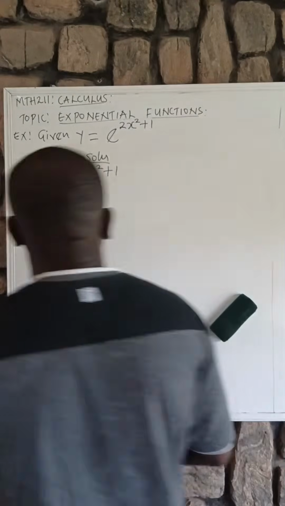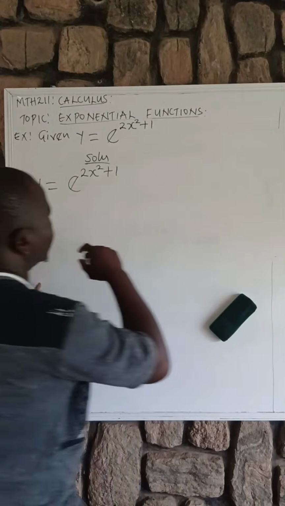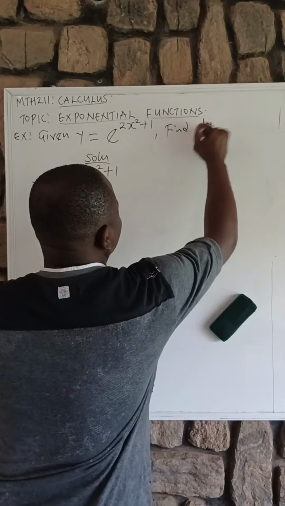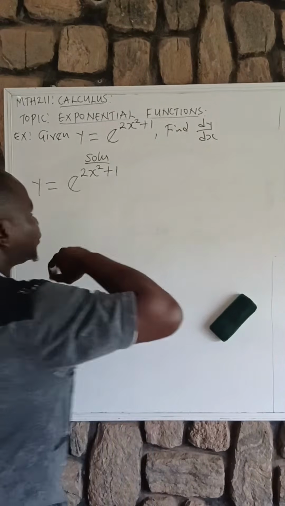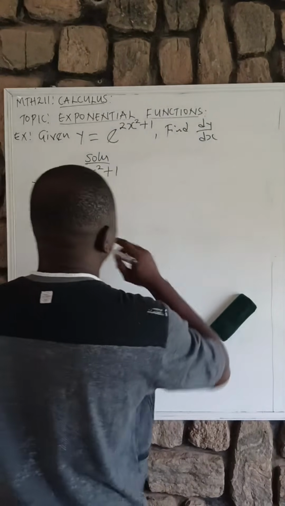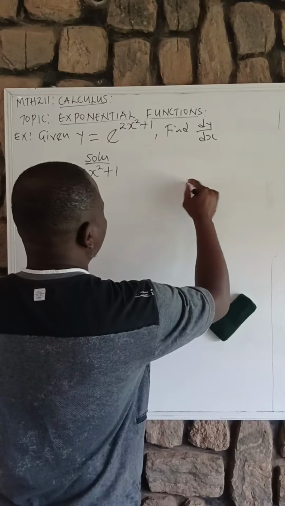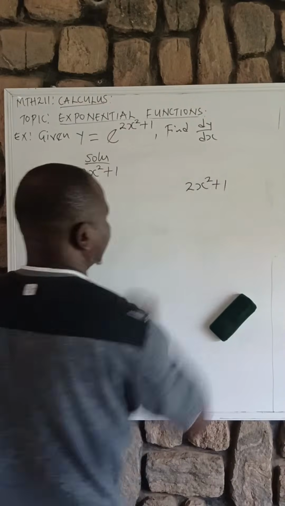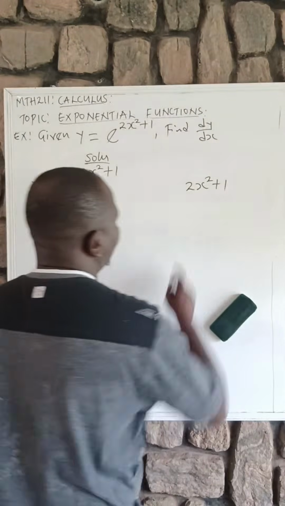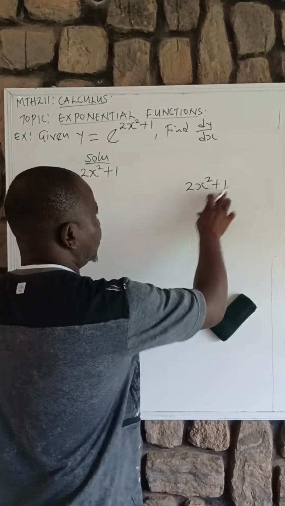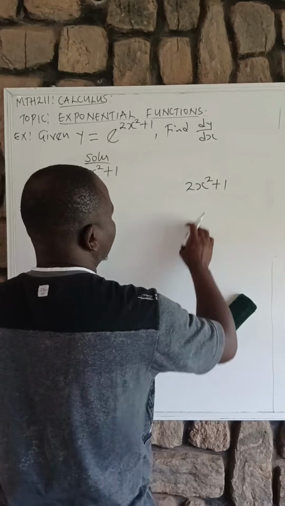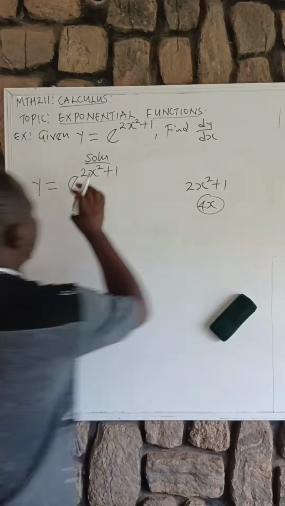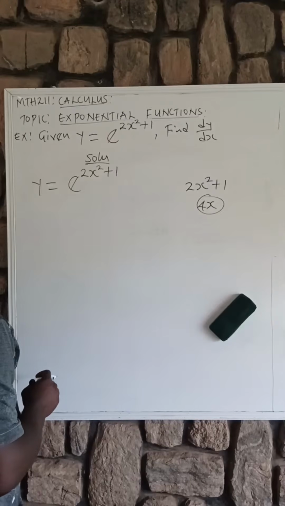So it means, I did not write dy over dx. Within, you write down 2x squared plus 1, right? So when we differentiate, the 1 is 0. We differentiate 2x squared, you are going to have 4x. We are using this to multiply this.